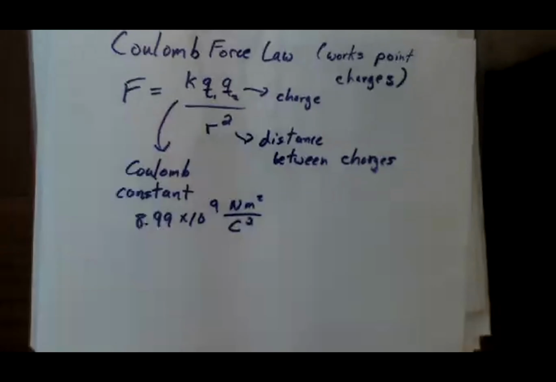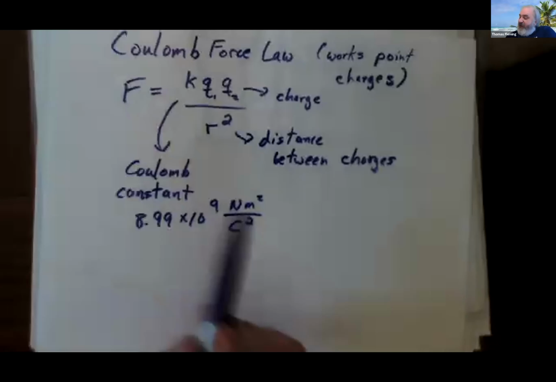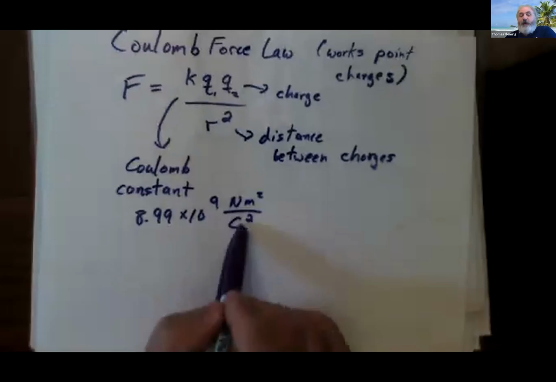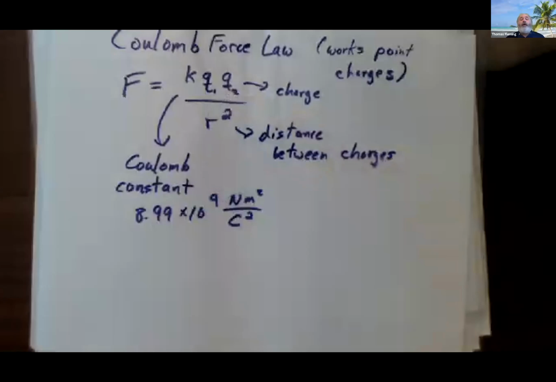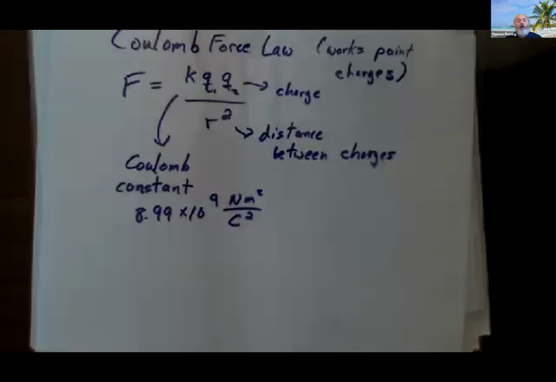Now, that's important because it means that when I use the Coulomb force law, I have to be consistent. Since K has these units baked in, you have to use the same units for Q and R. So anytime I'm using the Coulomb force law, all of my charges need to be specified in terms of coulombs, and all of my distances need to be specified in terms of meters, not centimeters or kilometers or anything crazy like that.